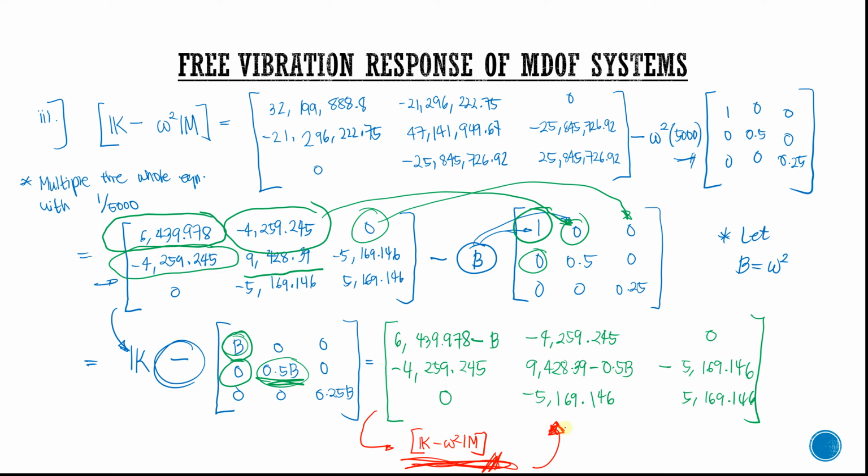This is the simplified form of the subtraction of the mass matrix from the stiffness matrix with the application of this b, which is just equal to omega squared, our natural frequency of the system. So take note of that because we'll be using this when we're calculating the mode shape factors.